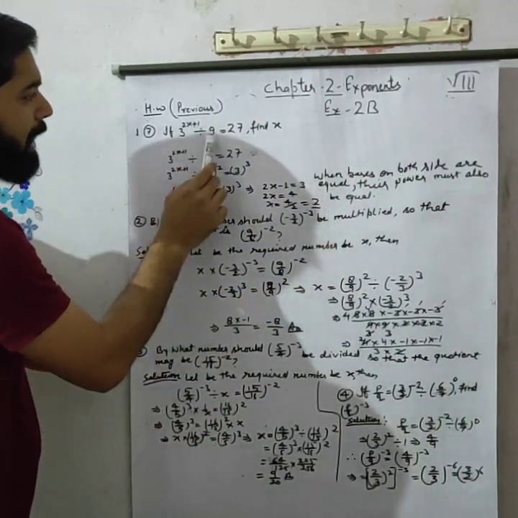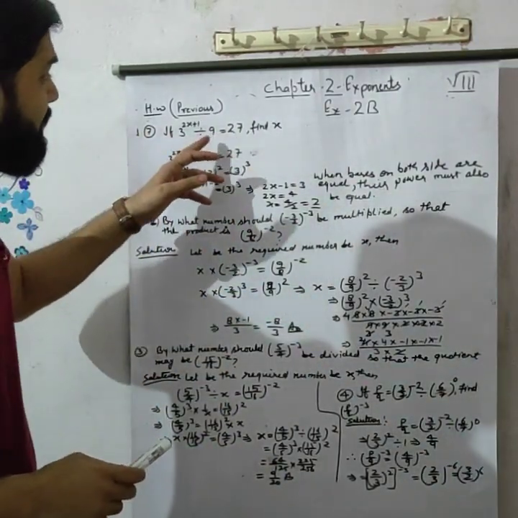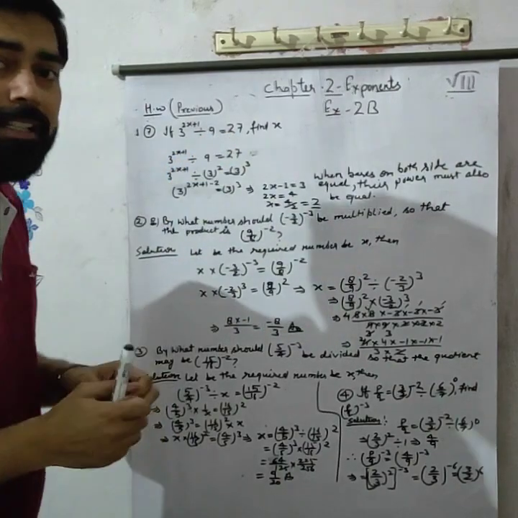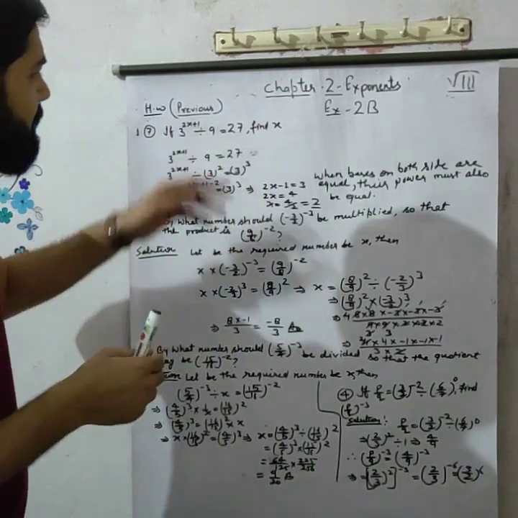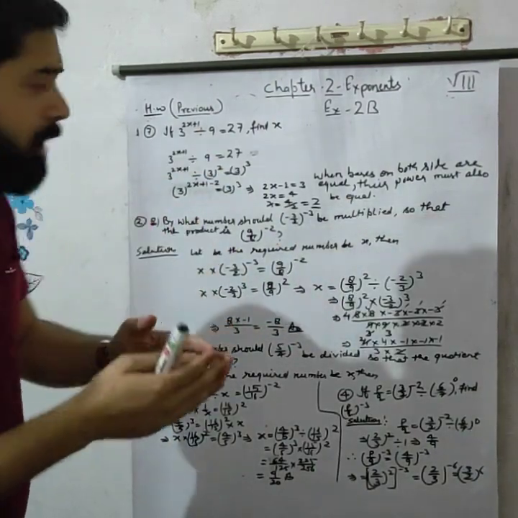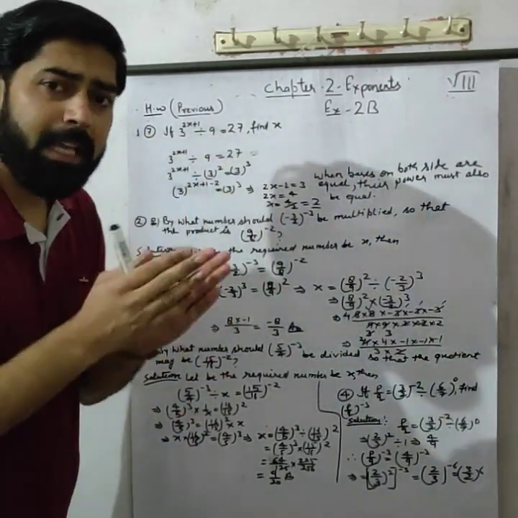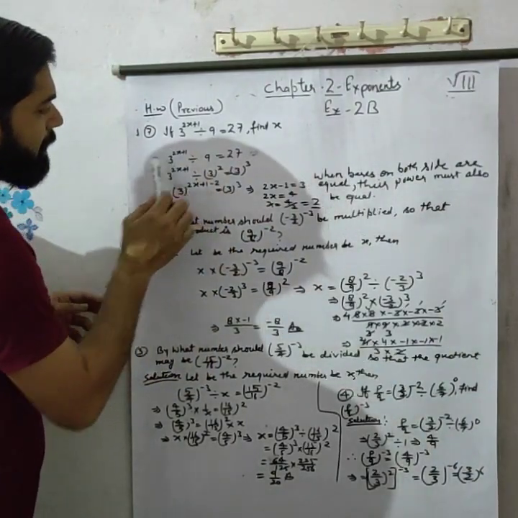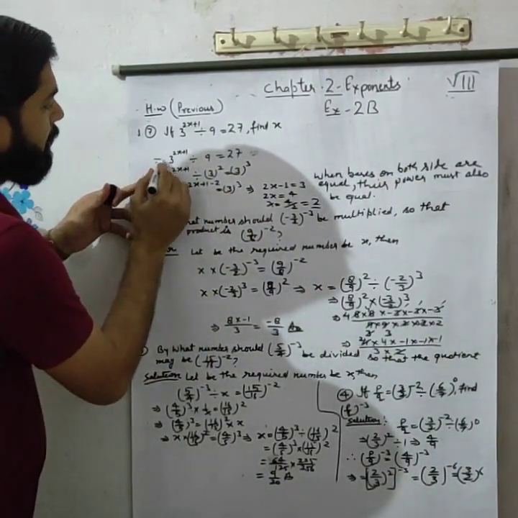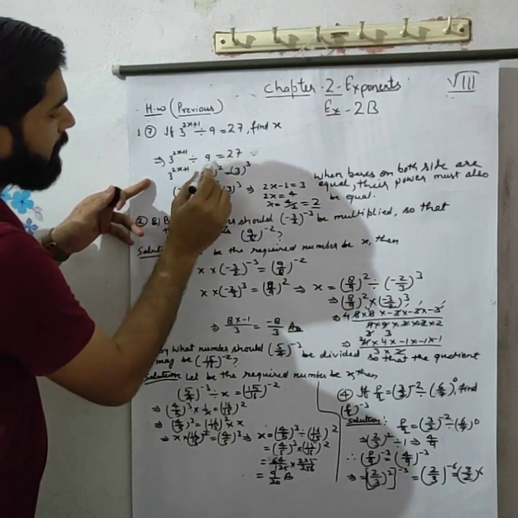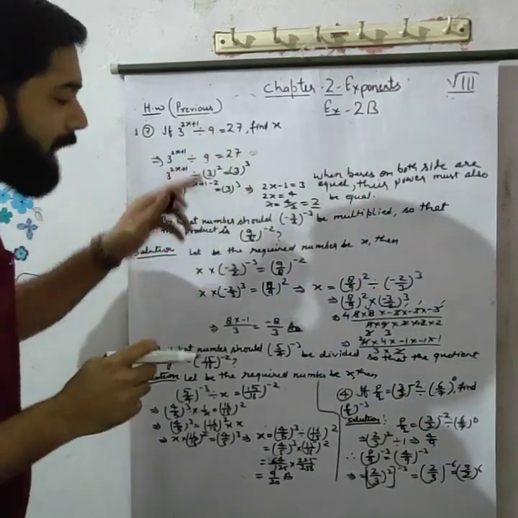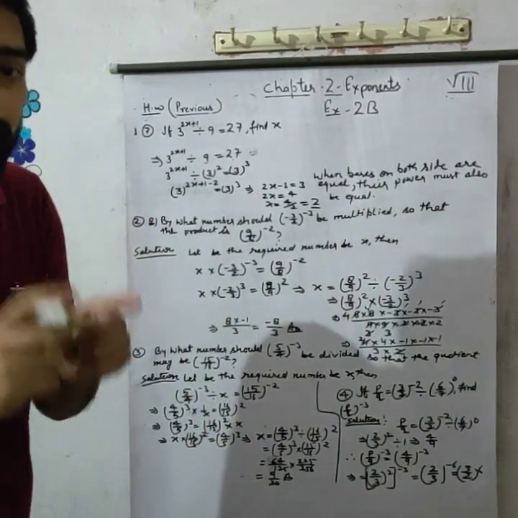So look at 3, 9, 27. We can easily convert 9 and 27 into 3. How? When you write these numbers in exponential form, then you can find the same base. Look here, 3 raised to power (2x + 1) divided by 9 is equal to 27. We can write 9 and 27 in exponential form.